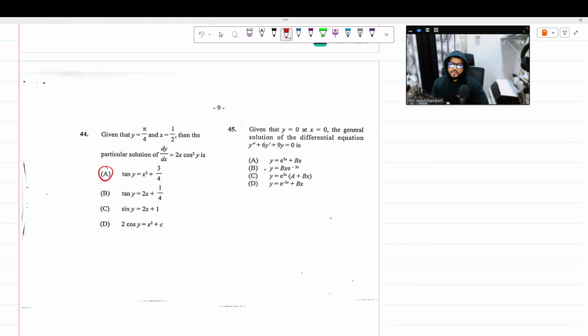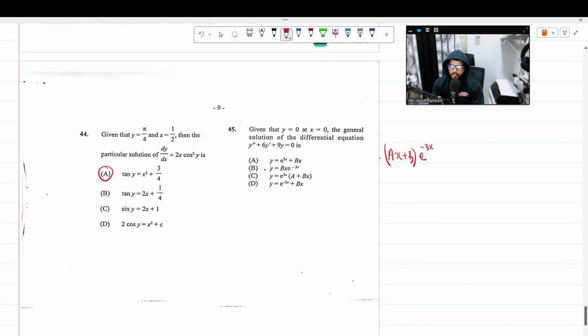This is also a repeat question. We have real and equal roots. So the general solution for this one would have been ax plus b, e to the power of the root, that is x plus 3, so minus 3x.